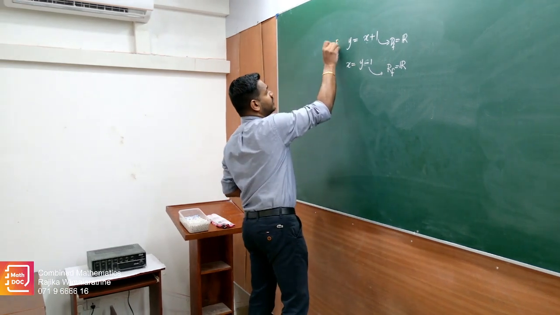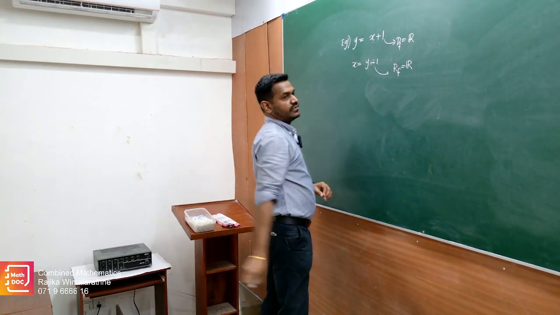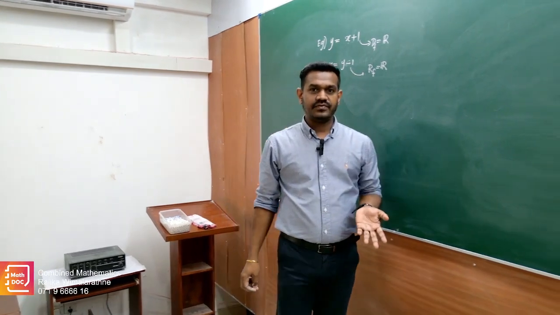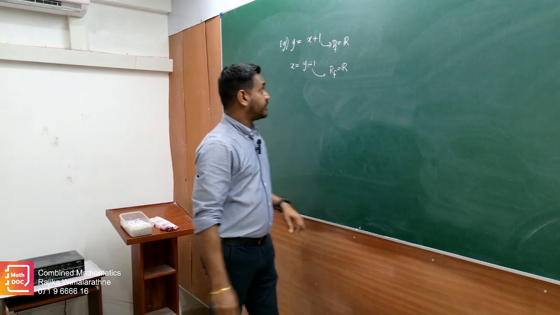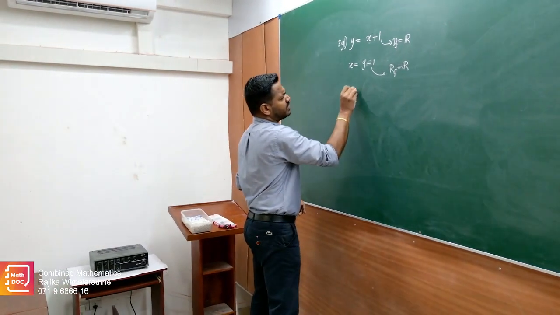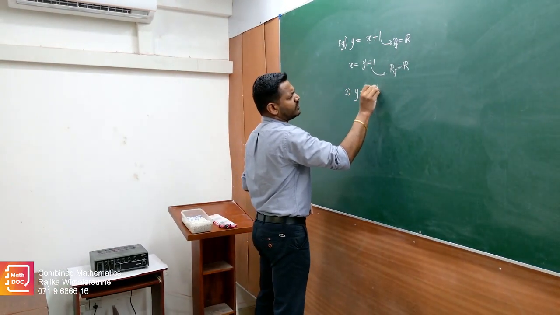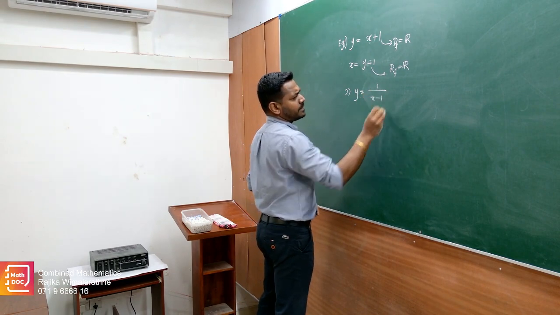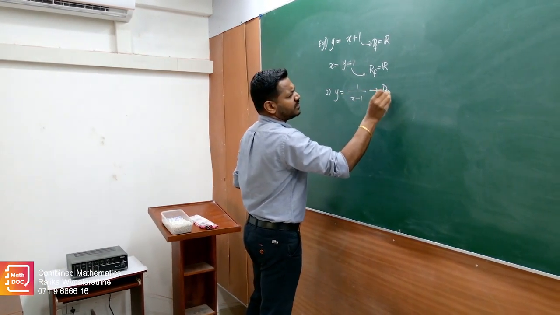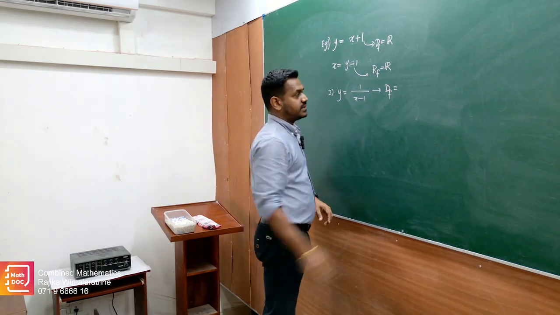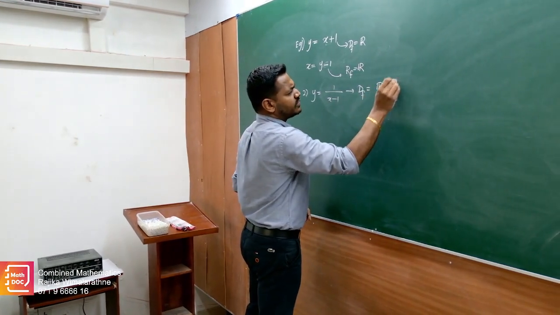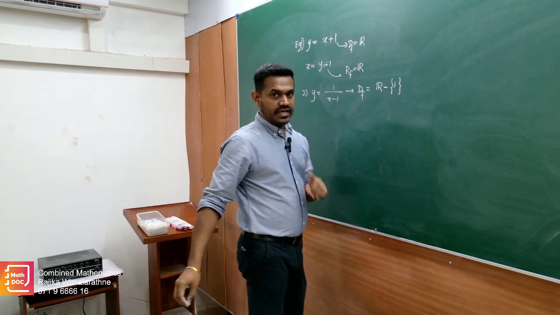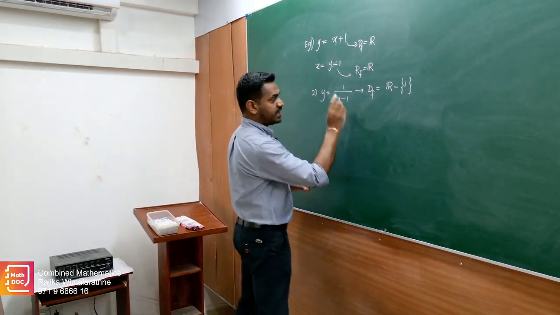That is example 1. I told you when you are finding range, you subject x. Consider the second example: y equals 1 over x minus 1. The domain is the possible x values, so we need to remove 1, giving real values without 1. When finding range, you subject x.